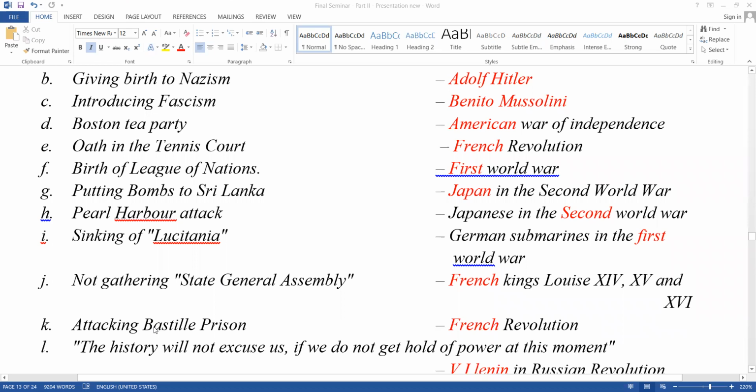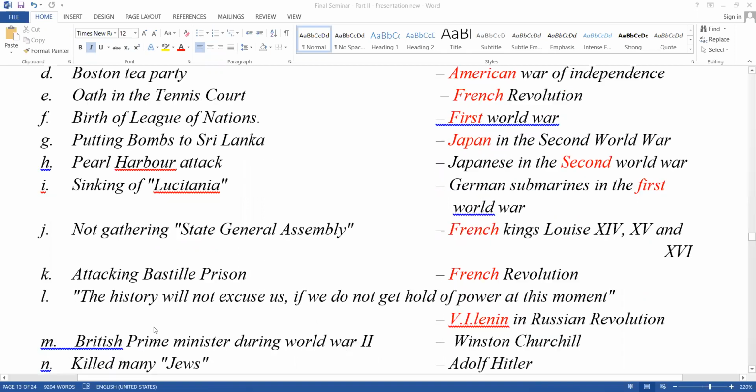The attack on the Bastille prison is related to the French Revolution. What is the Bastille prison? It is the prison where political prisoners were kept by the king. "And history will not excuse us if we do not get hold of the power at this moment."